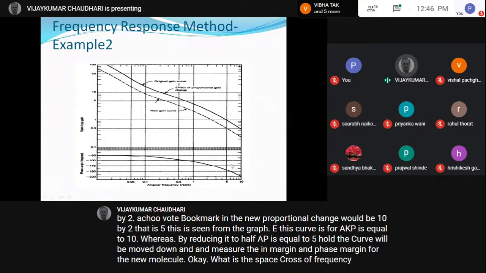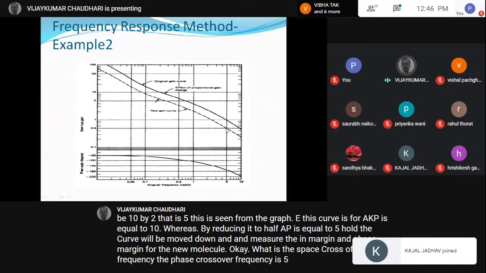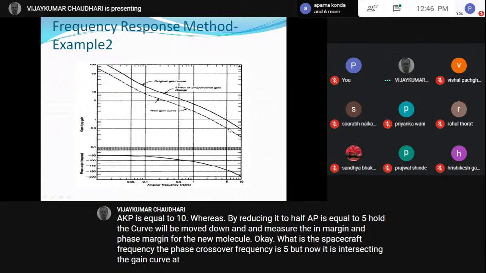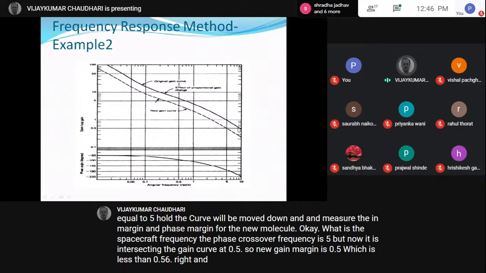The phase crossover frequency is 5, but now it is intersecting the gain curve at 0.5. So the new gain margin is 0.5, which is less than 0.56, right? And the gain margin criterion is satisfied now for a stable system.